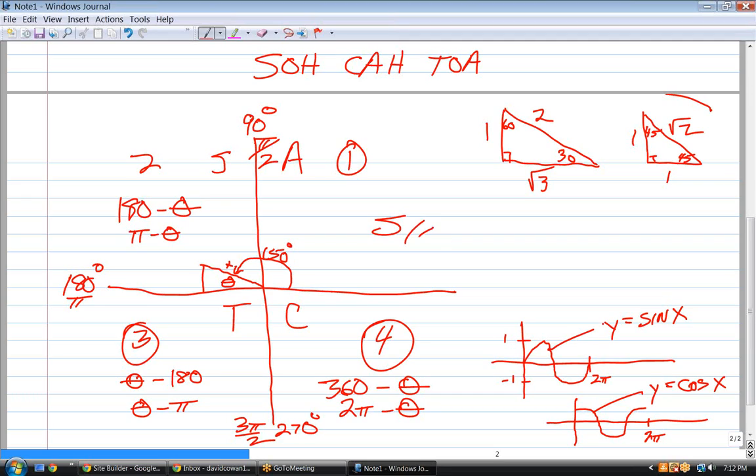What is the sine of 5? Yeah, let's do 2 pi over 3. First identify which quadrant it's in. So it's going to be in the second quadrant. Okay, and then use this formula here. The angle is going to be pi over 3.